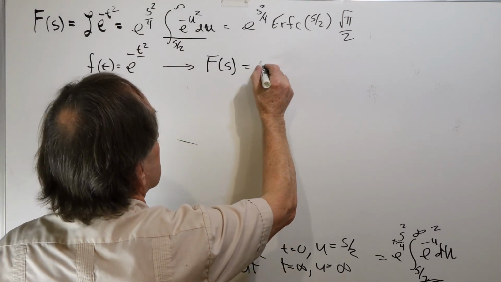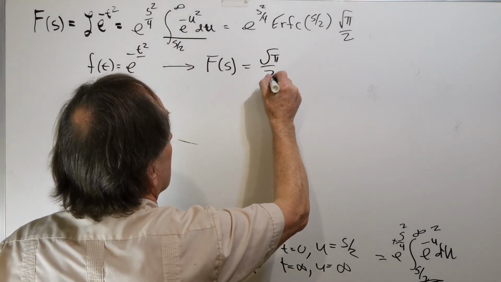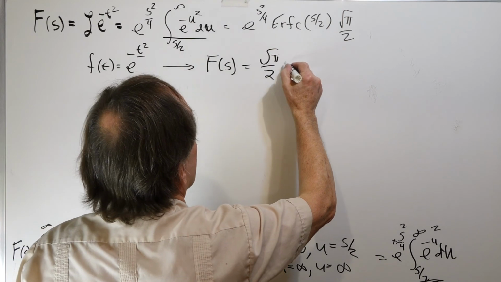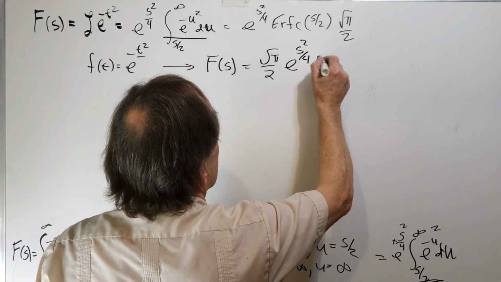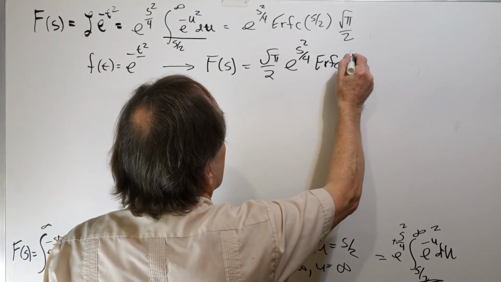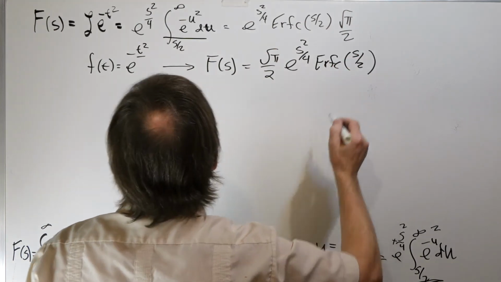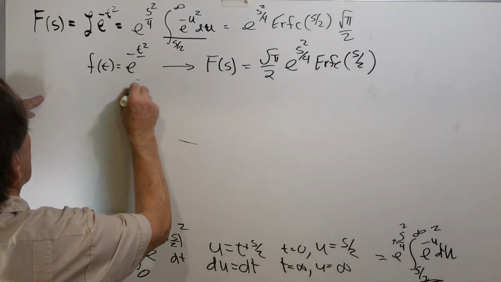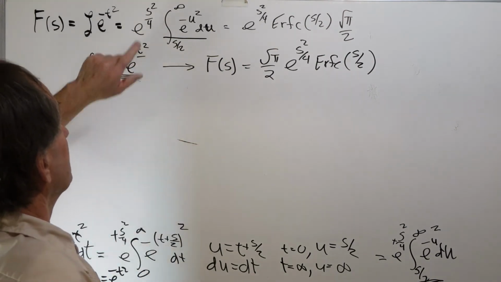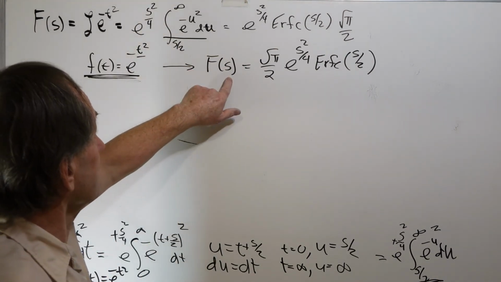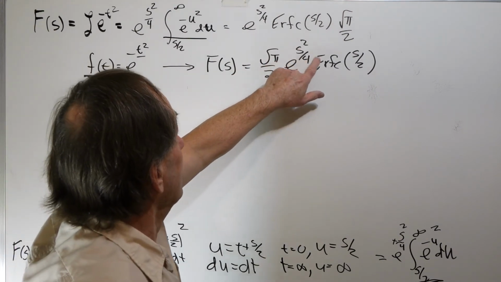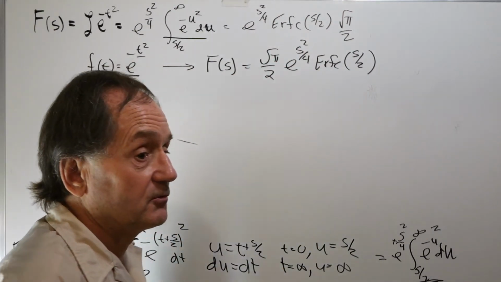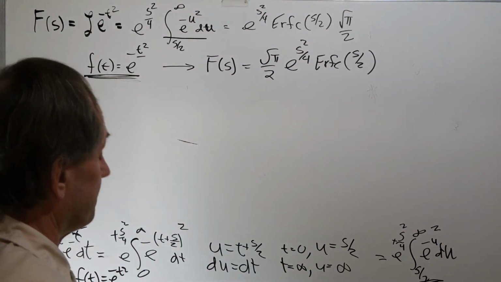We find F of s by using the transform integral, and it is the complementary error function of s over 2. So in the t domain, our function is e to the minus t squared, and in the transform domain, it's the square root of pi over 2, e to the s squared over 4, times the complementary error function of s over 2.